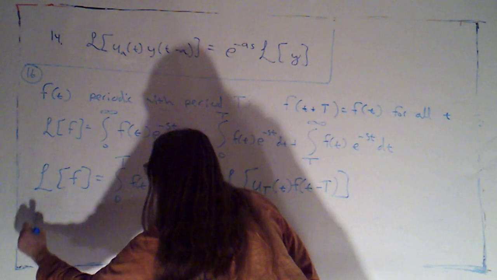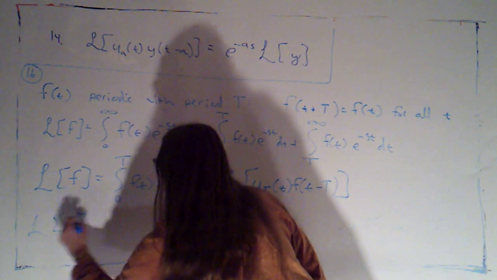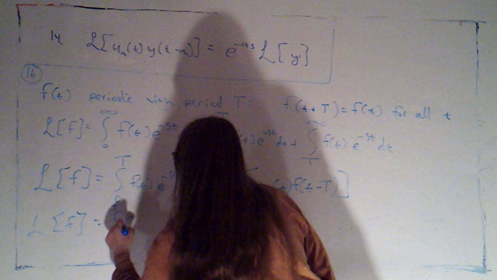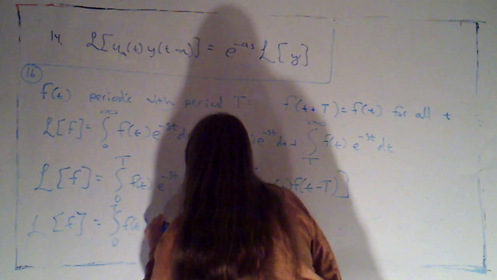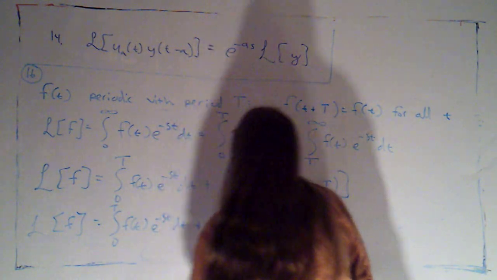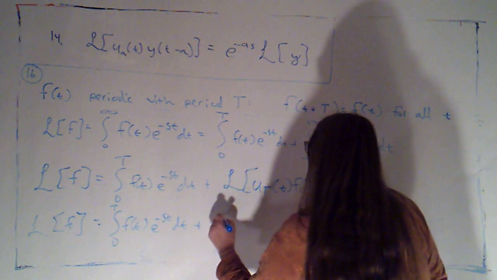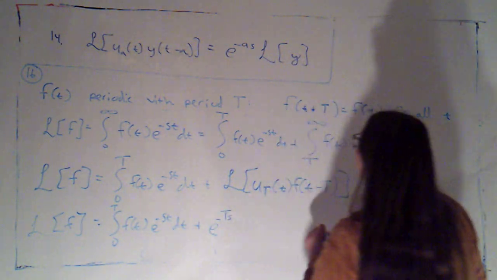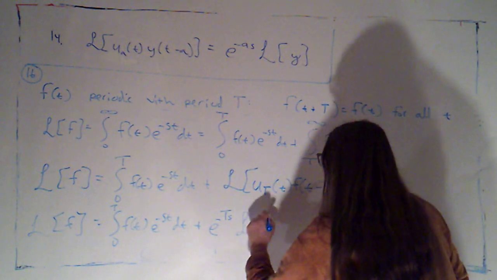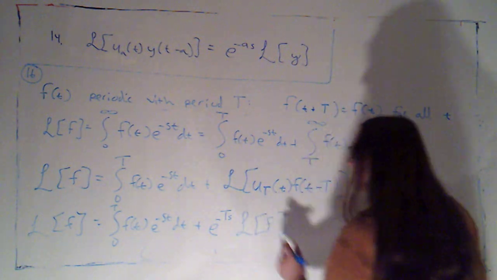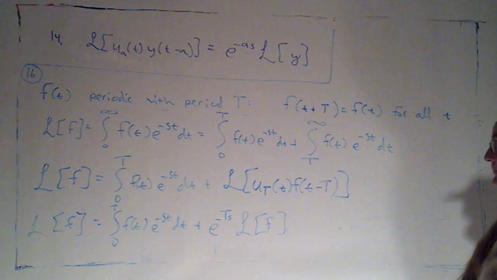So I can say the Laplace transform of f is the integral from 0 to T of f of t times e to the negative st dt plus, here we're going to get e to the negative capital T times s times the Laplace transform of f.